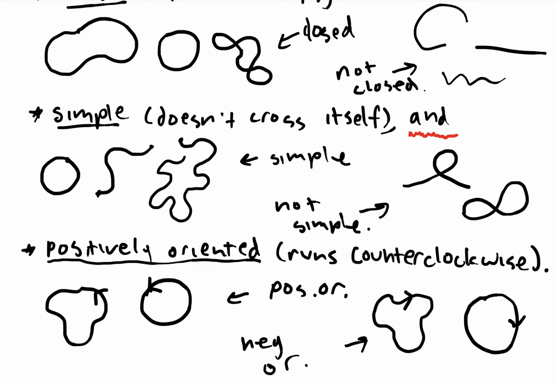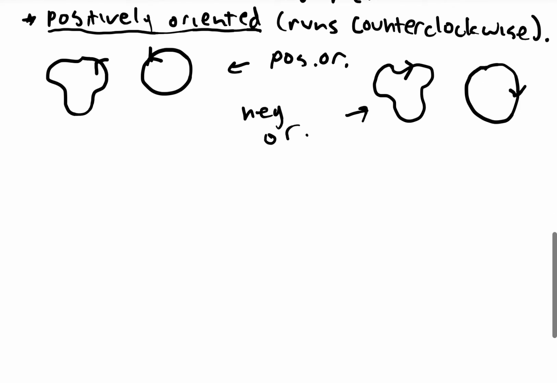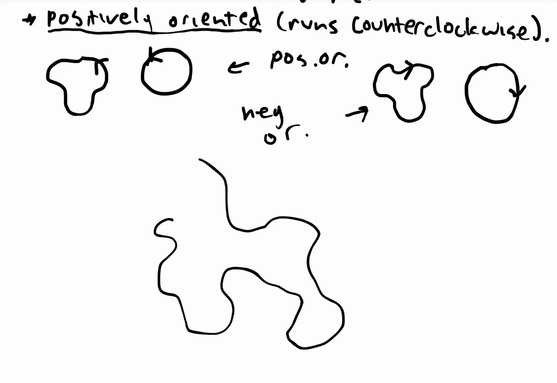I'll go ahead and make a comment here about these positively oriented curves. If you're looking at some sort of a curve, it can be kind of messy. We've already seen that I could do really crazy, squiggly looking borders here. Maybe it might be intuitive to you whether we have a positive orientation versus a negative orientation.